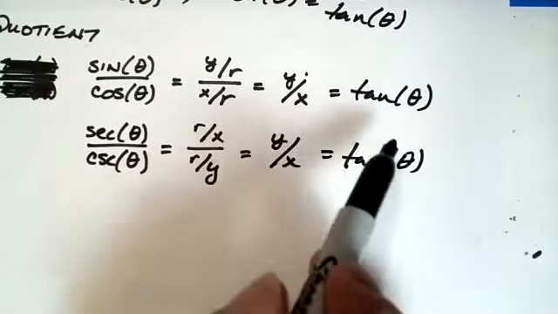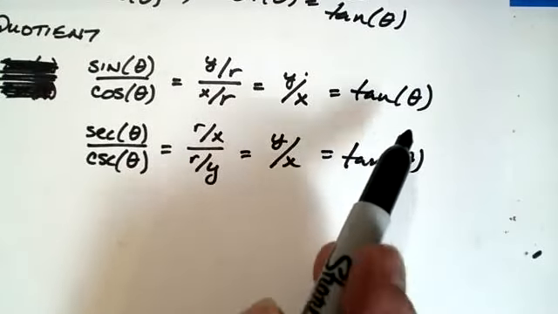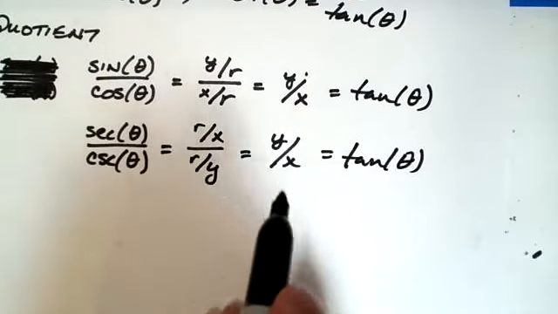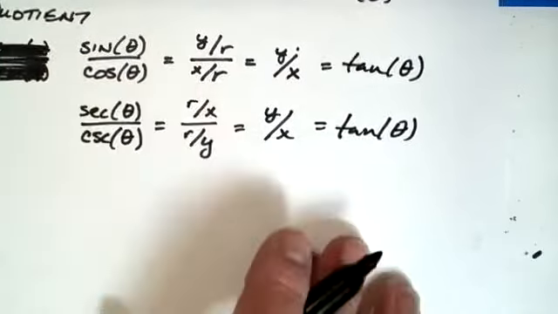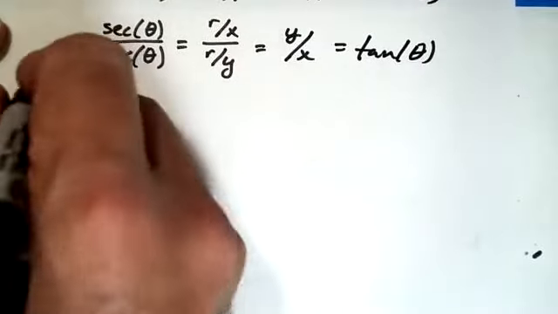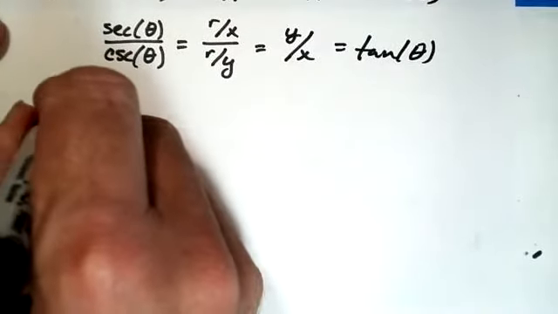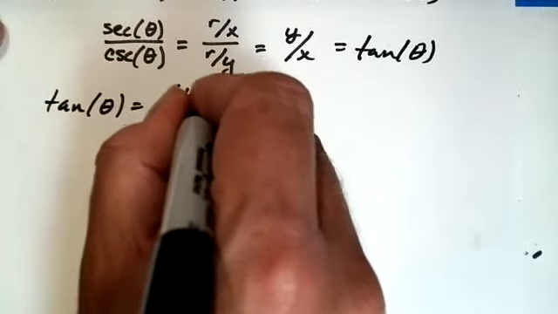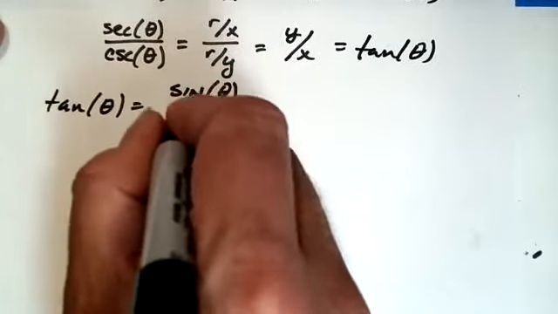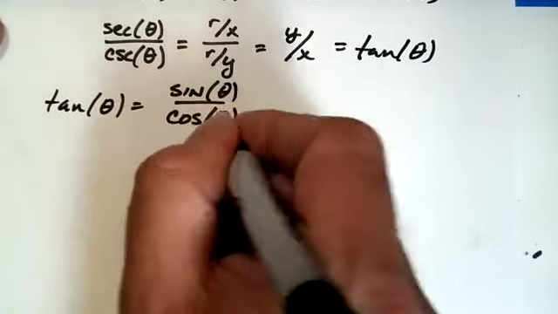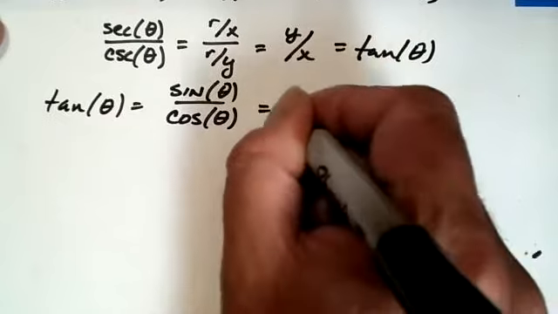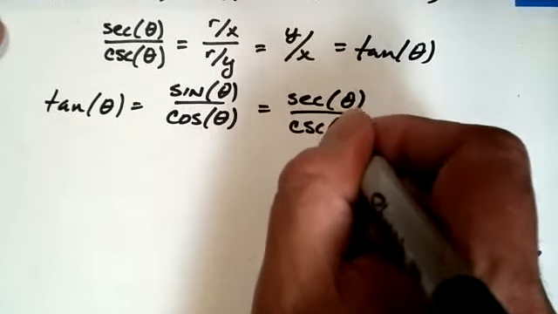So for tangent of theta, there are actually 2 different quotient identities, and these 2 things happen to be equal to each other as well. To summarize that, I'm going to write this in one long chain of equal signs. So tangent of theta is equal to sine of theta over cosine of theta, which is equal to secant of theta over cosecant of theta.